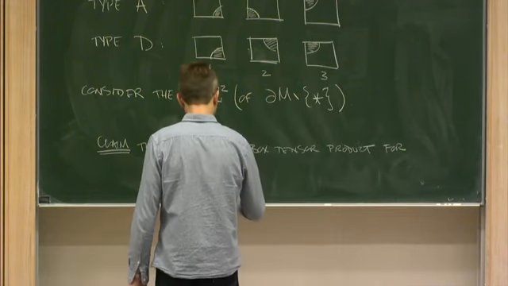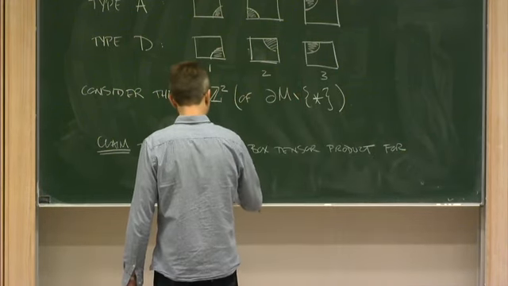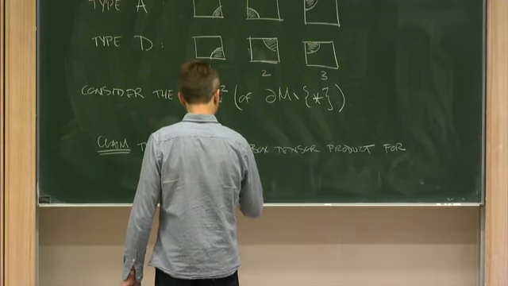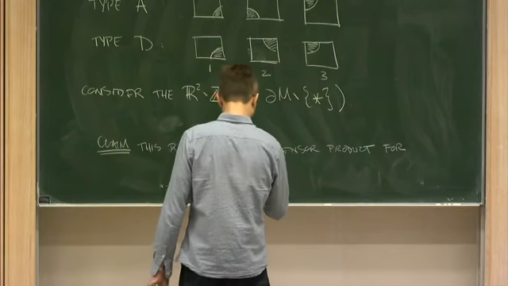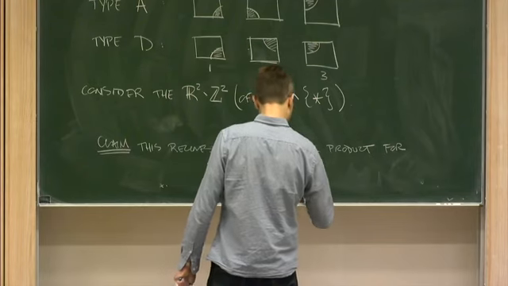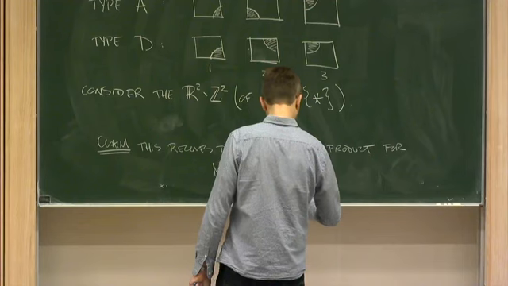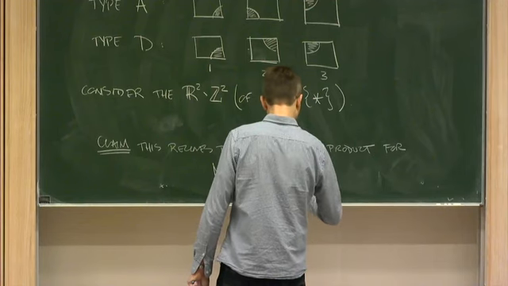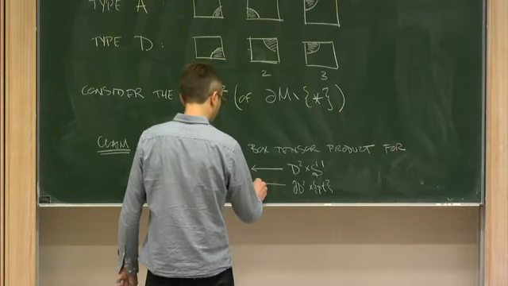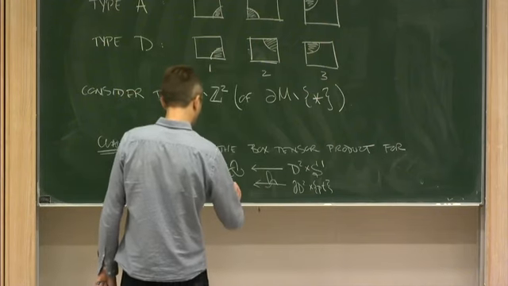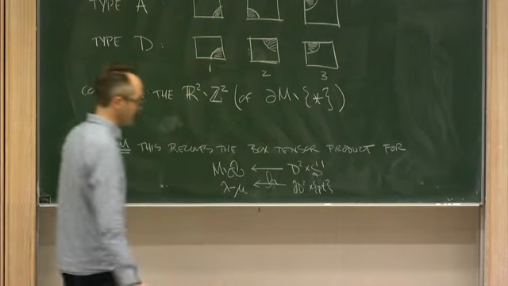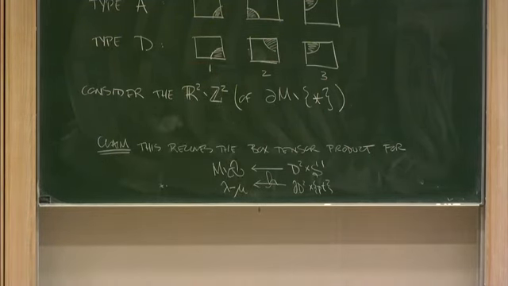So I've got M minus the trefoil, and to that I'm mapping D2 times S1, and here I'm taking the boundary of D2 times a point, namely the meridian, and H is mapping that to lambda minus mu, namely minus 1 surgery. Okay?